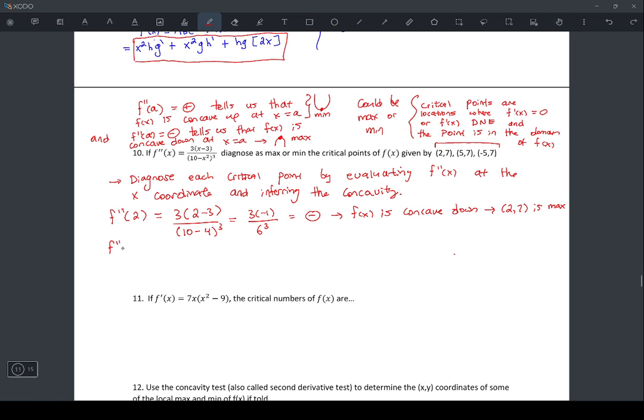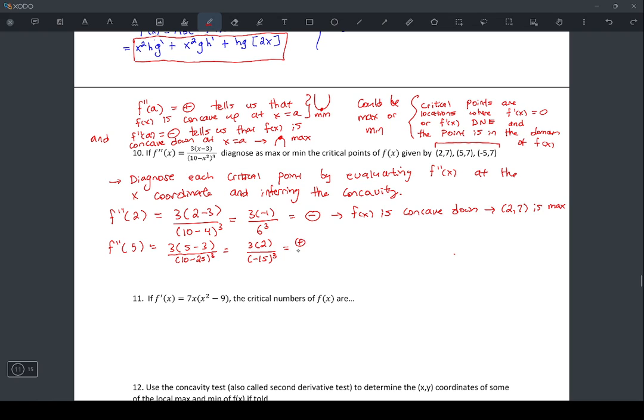Okay, second x coordinate, we'll plug in 5. So 3 times 5 minus 3 over 10 minus 25 all cubed. So we're going to have 3 times 2 over negative 15 to the power of 3.